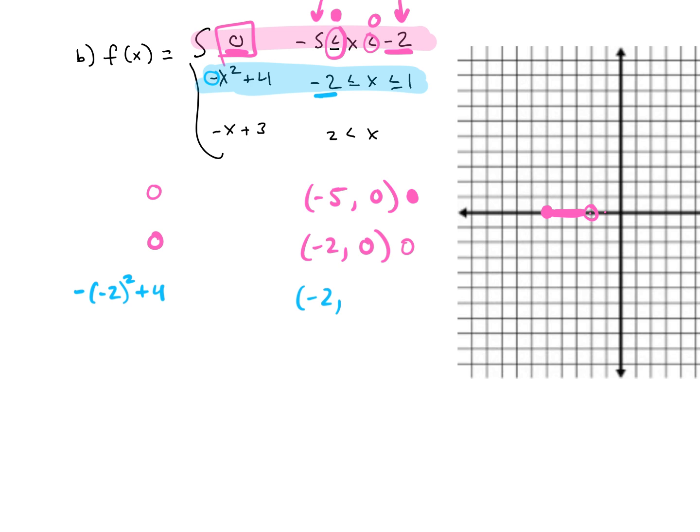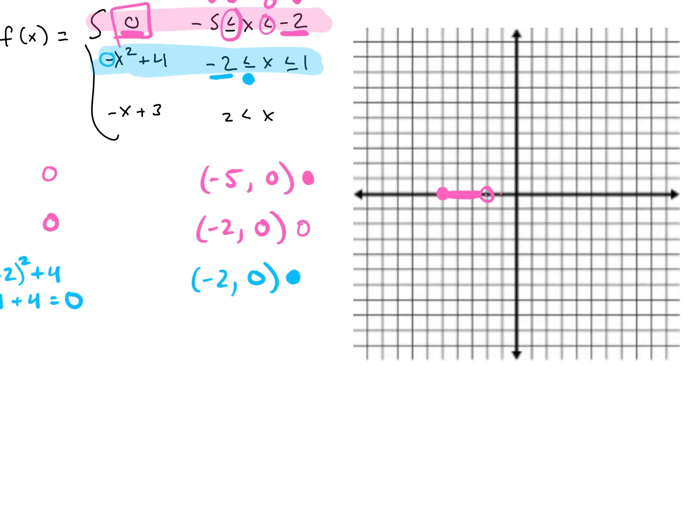So -2 squared would be 4. That negative on the outside makes it -4. And -4 plus 4 is 0. So our point would be negative 2 comma 0. Does this get an open or closed circle here? Closed circle. Since it is a less than or equal to, we put a closed circle. So at negative 2, 0, I put a closed circle. They overlap, but that's fine.